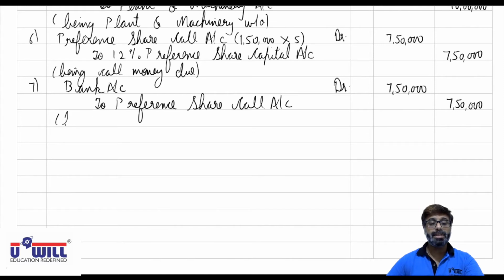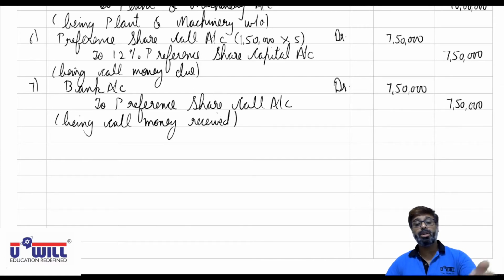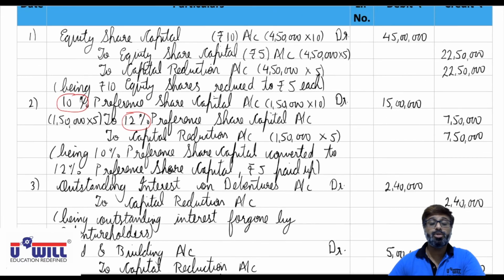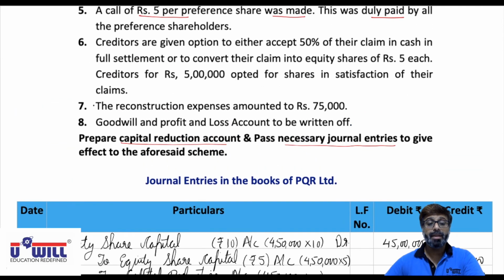Being call money received. Now, this will have no effect on capital reduction. 6th and 7th entries don't have any capital reduction account.